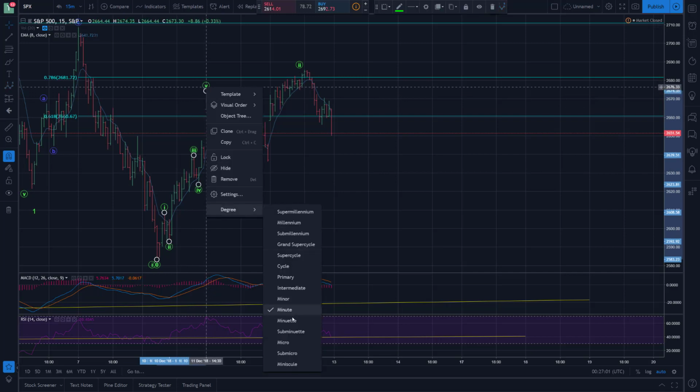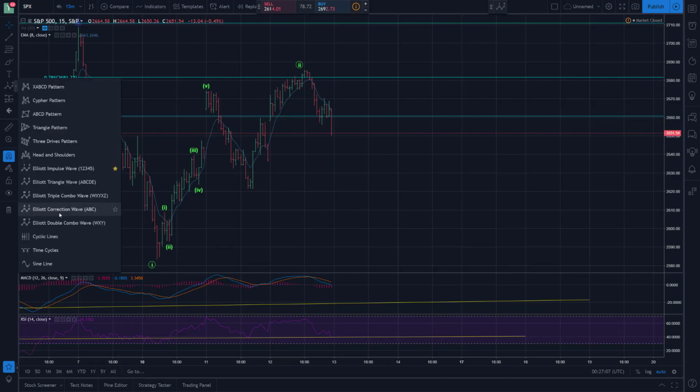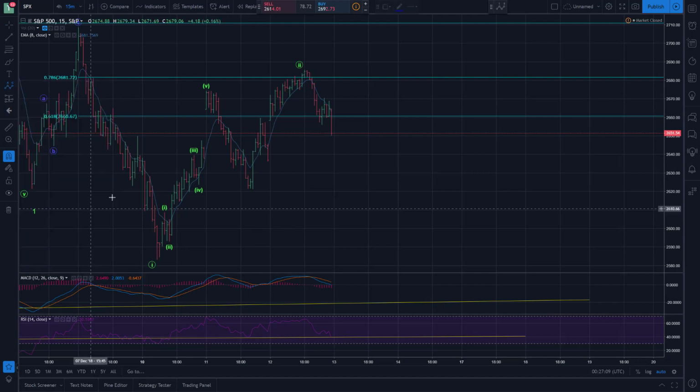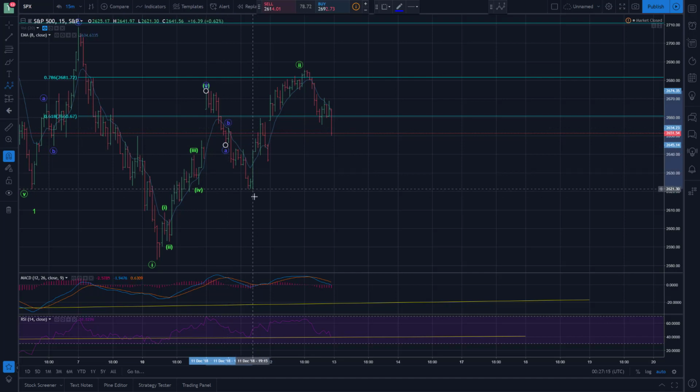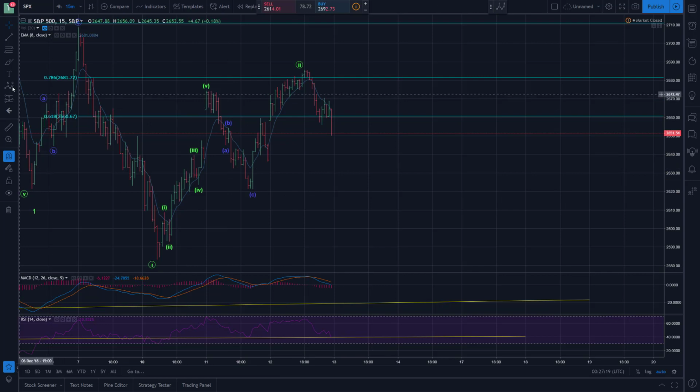We'll drop that degree down to that, and then you can easily get some sort of ABC out of this, right? ABC down for a B wave, and then one more 5 up to finish off the C wave.